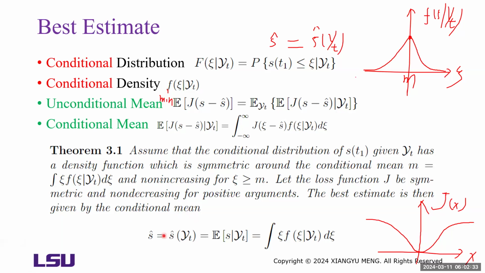So the conditional mean is the best estimator given yt.